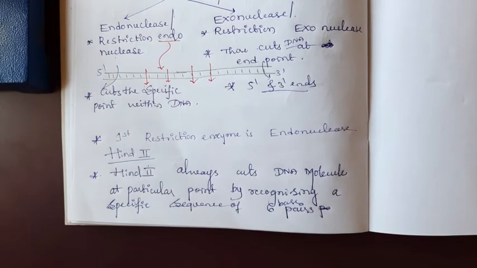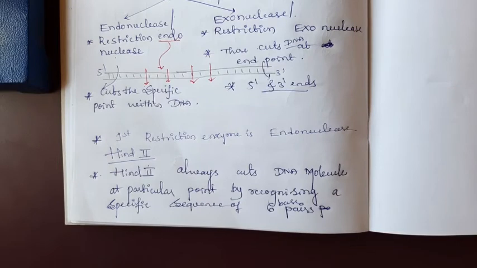After discovery of HindII, many restriction enzymes were isolated from around 200 strains of bacteria. Restriction enzymes are also known as RENs, restriction endo or exonuclease enzymes.